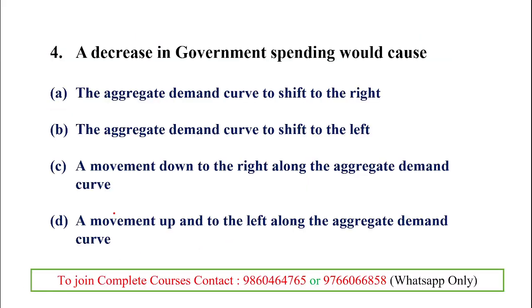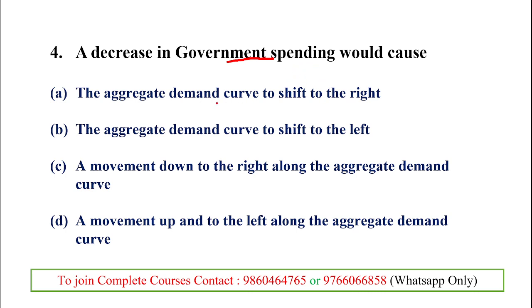Next question, decrease in government spending. What? So here, from the aggregate economic activity, we can get the aggregate government spending. So the government spending is decreasing.